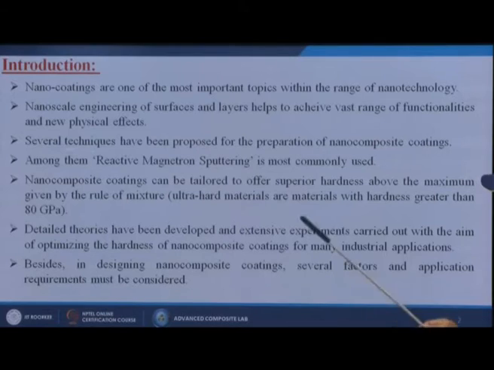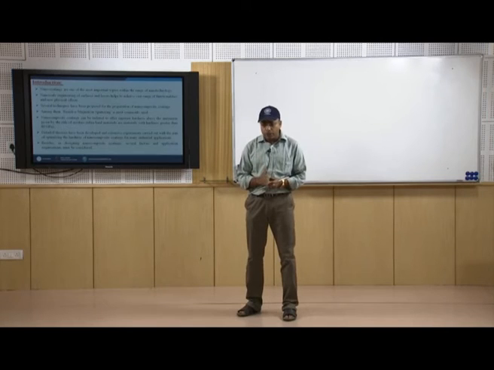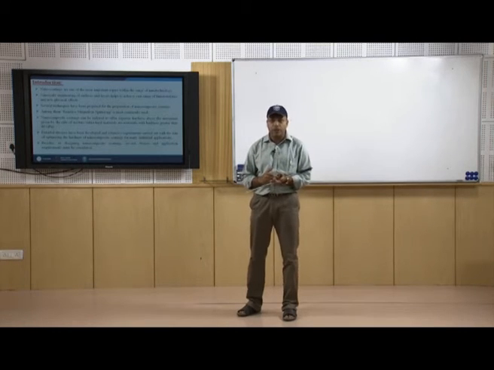Nano composite coatings can be tailored to offer superior hardness above the maximum given by the rule of mixture. Ultra hard materials are materials with hardness greater than 80 gigapascal. What we are trying to say is that we are not only changing the appearance, we are also changing the physical properties, like mechanical properties in terms of tensile strength and elongation at break.